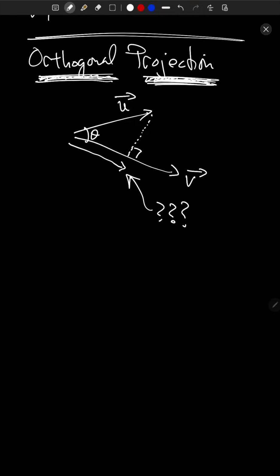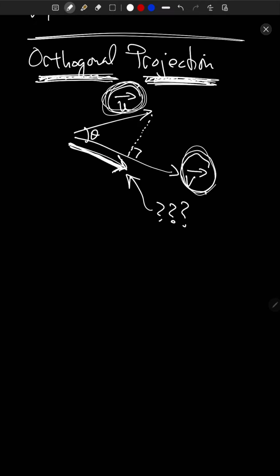One situation where we might want this is perhaps v is a very important vector, and it has some special meaning. So you would like to write any other vector you come across, for example u, in terms of v. Or you might want to understand how much of u lives in the same direction as v. That's essentially what we're looking for.